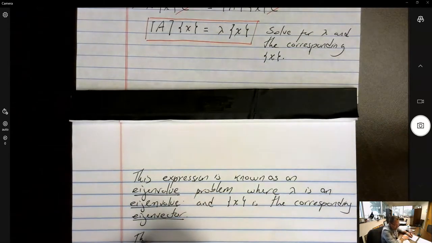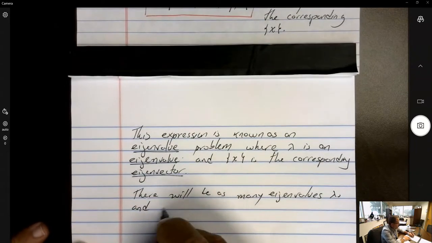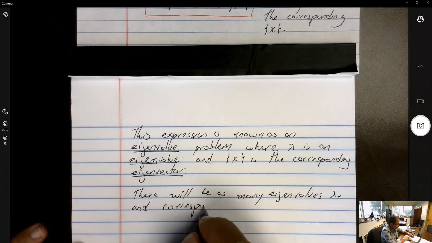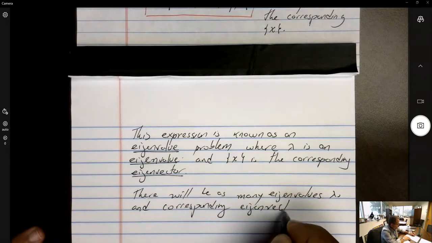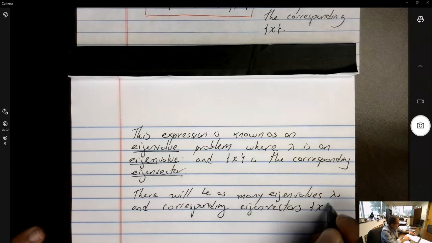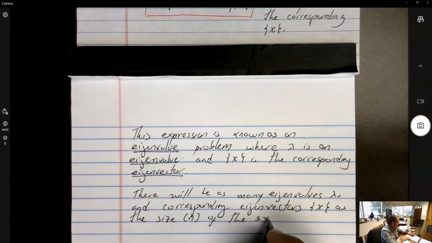So there will be as many eigenvalues, lambdas, and corresponding eigenvectors, x's, as the size, in this case n, of the system.